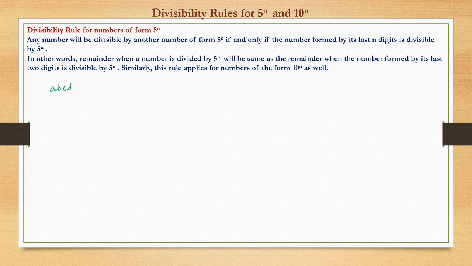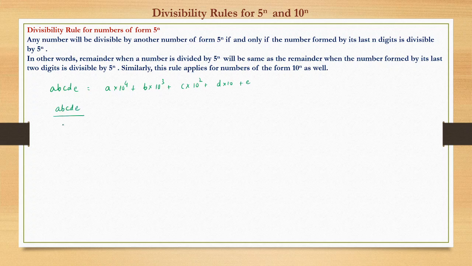Just for one I will show. Suppose generally a b c d e, so this I can write as a into 10 raised to power 4 plus b into 10 raised to power 3 plus c into 10 raised to power 2 plus d into 10 plus e.